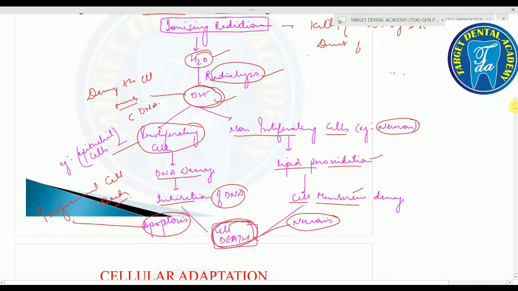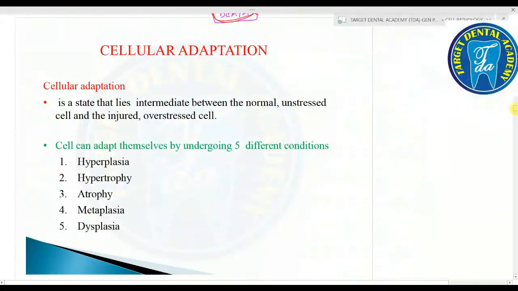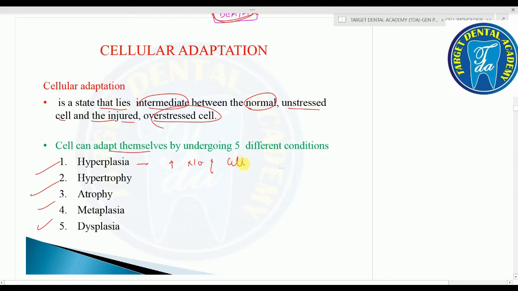Fine. So after this, now coming on to the cellular adaptations. Cellular adaptation is a state that lies intermediate between the normal unstressed cell and the injured overstressed cell. So the cell can adapt itself by undergoing these 5 conditions. Number 1 is hyperplasia, which means an increased number of cells.